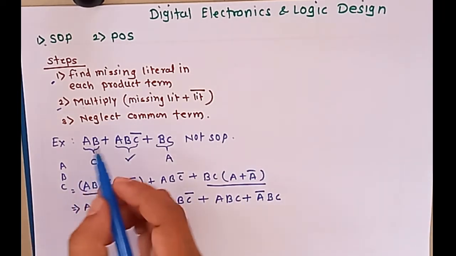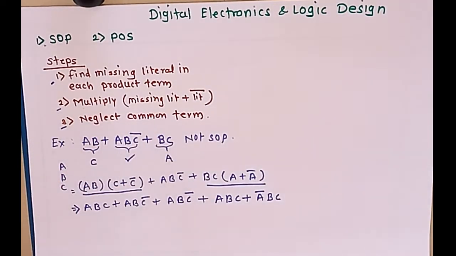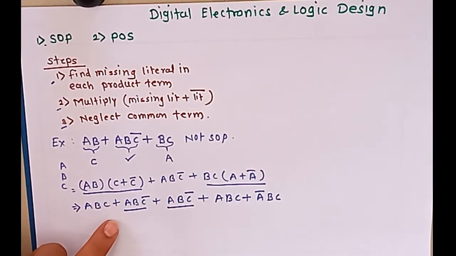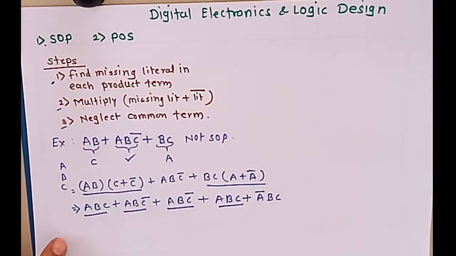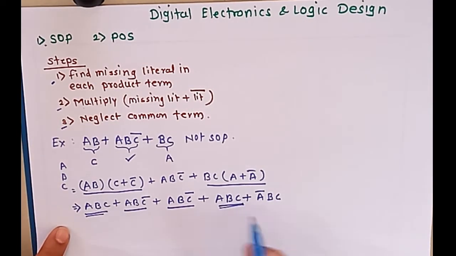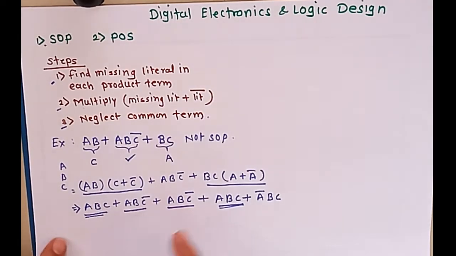Now the third step is: neglect the common terms. So find the common terms. If you look at this equation, the term ABC bar and ABC bar is common, then ABC and ABC is also common. These two terms are common, and these two terms are also the same.